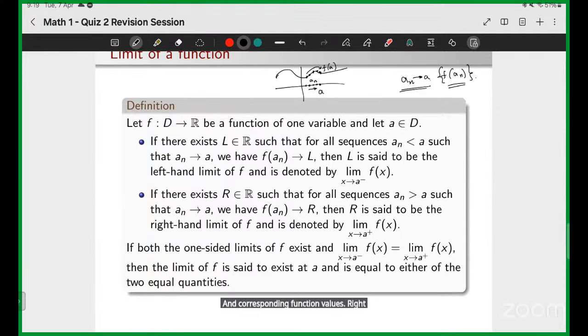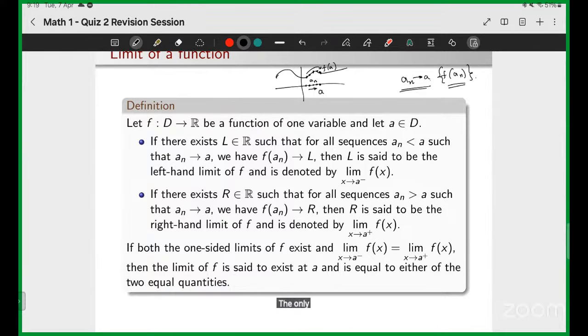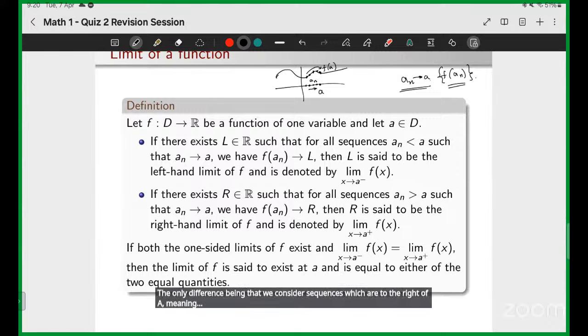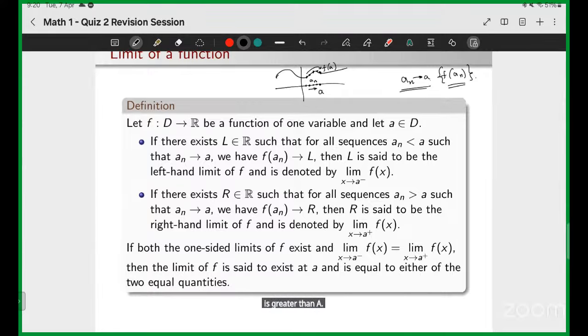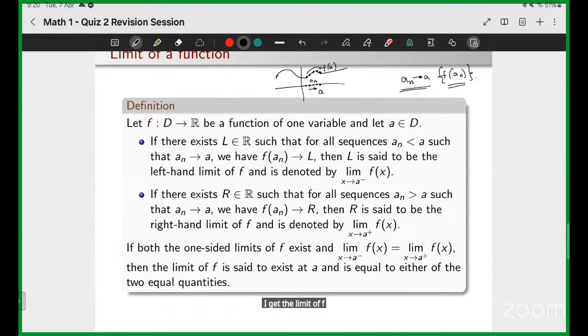Similar notion for the right-hand limit. The only difference being that we consider sequences which are to the right of a, meaning whose values are greater than a, and the sequence has to converge to a. You look at f of a_n. If it so happens that irrespective of what sequence I take, I get the limit of f of a_n to be r, then r is said to be the right-hand limit.